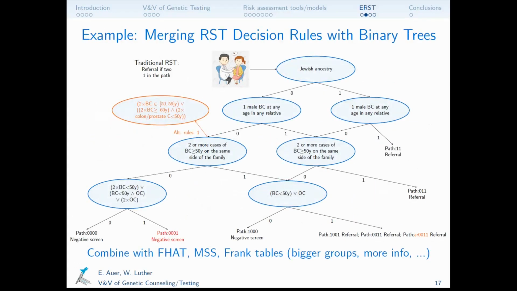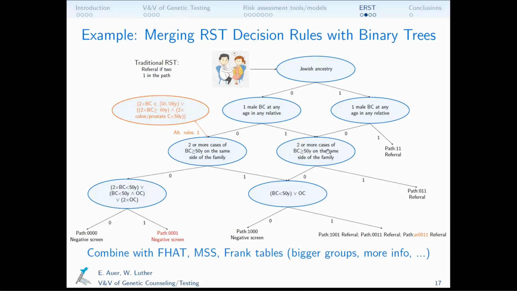So here is an example of how the referral screening tool can be merged with such a binary tree. So for example, here the criteria or risk factor of Jewish ancestry, yes or no, can be combined with the next criteria of one male breast cancer at any age in any relative.